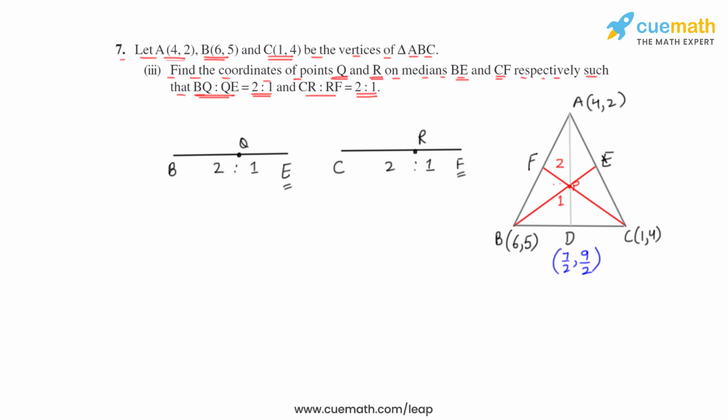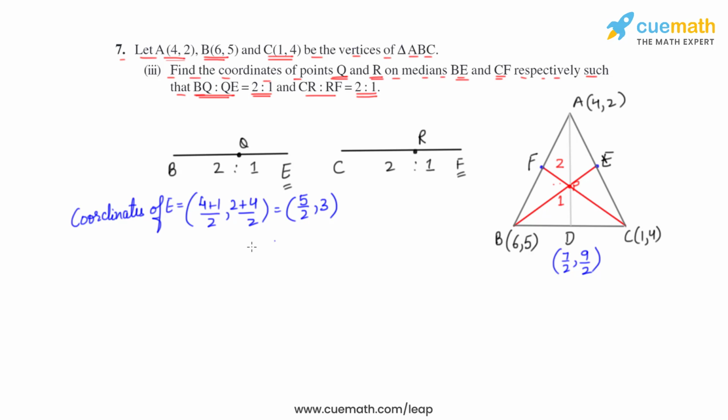So again we will apply the midpoint formula for E and F, because E is the midpoint of AC and F is the midpoint of AB. So coordinates of E: (x1 plus x2)/2, that is (4 plus 1)/2 comma (2 plus 4)/2, which is 5/2 comma 3.